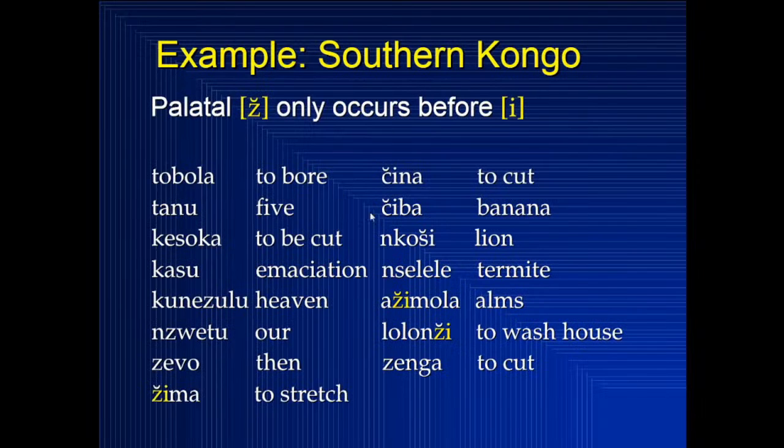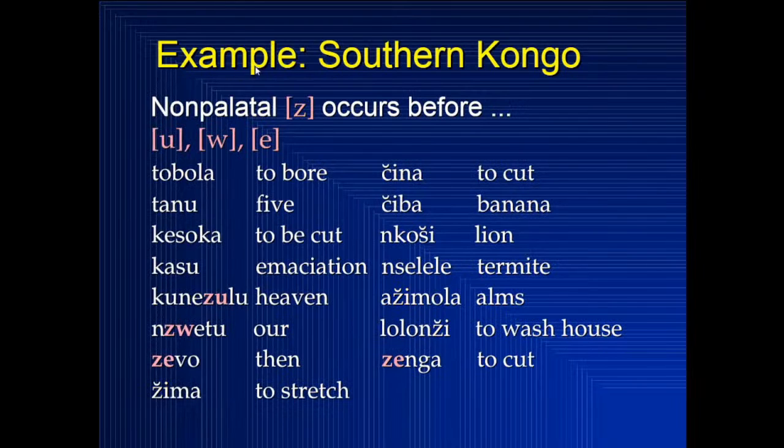So, in fact, we can say that the non-palatal z occurs before this sound and this sound and this sound. Look in here, this one, and this one, also this one. These are the sounds that occur, if you like, after z.